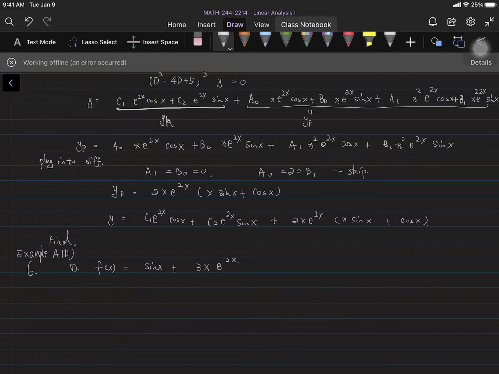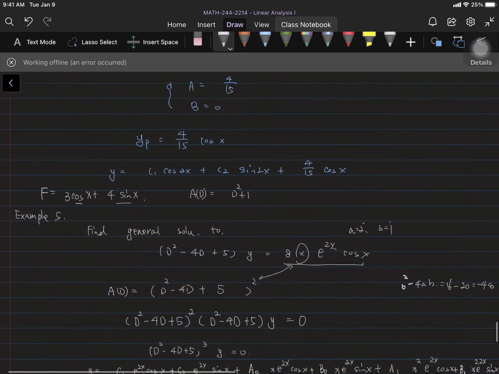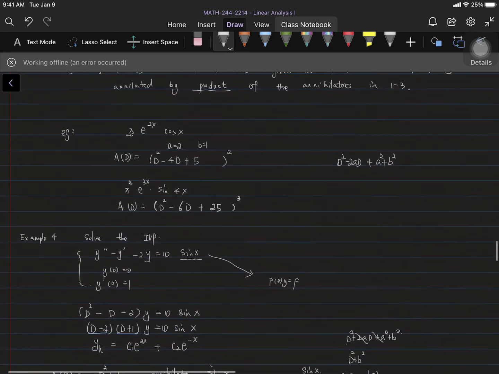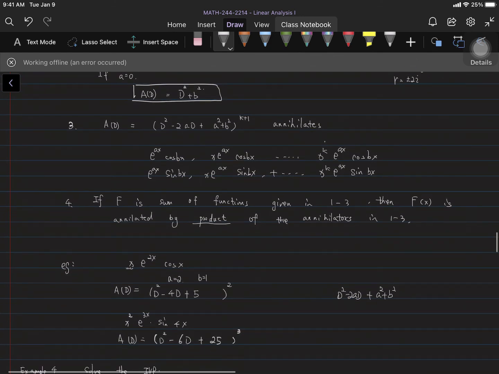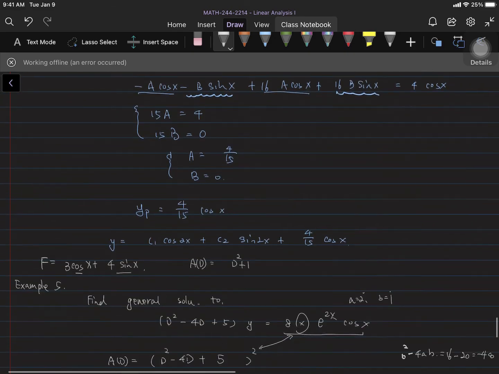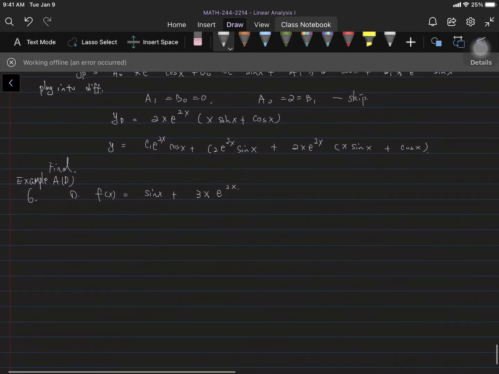Let's look at this first case, case 4: if f is the sum of functions, then AD is the product of the corresponding annihilators. For sine x, we know this should be D squared plus 1.